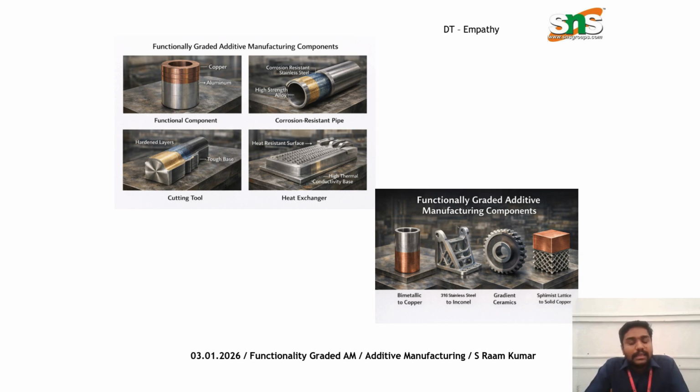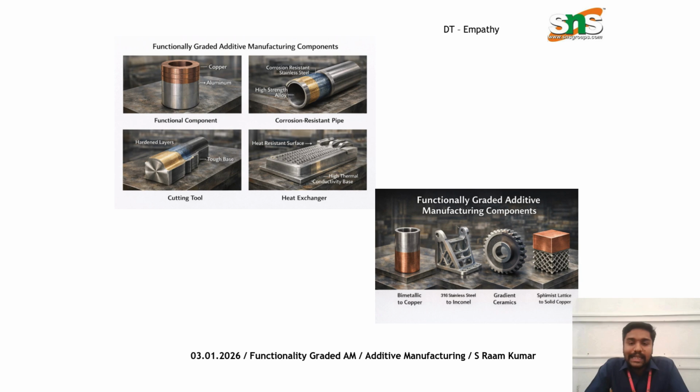So this type of process can be easily developed by using additive manufacturing by combining different types of property-holding metals, because the corrosion resistant metal will not possess high strength, and on the other hand the harder material cannot possess the property of the tougher one. So these types of properties are possible by using functionally graded components with the help of additive manufacturing technology.